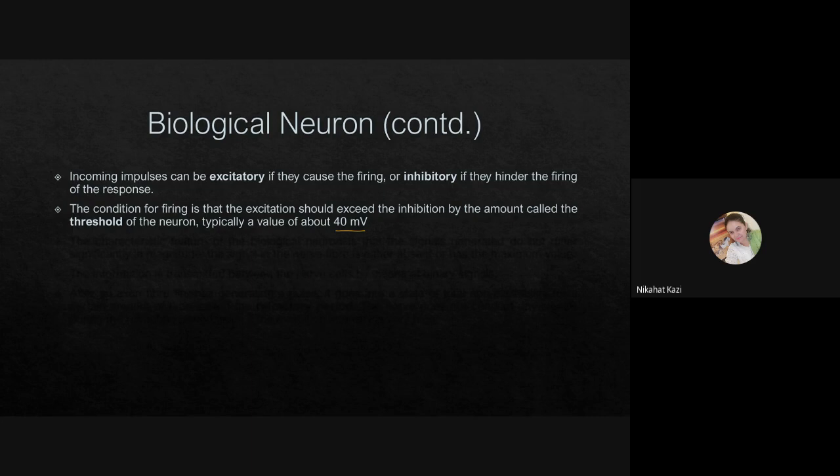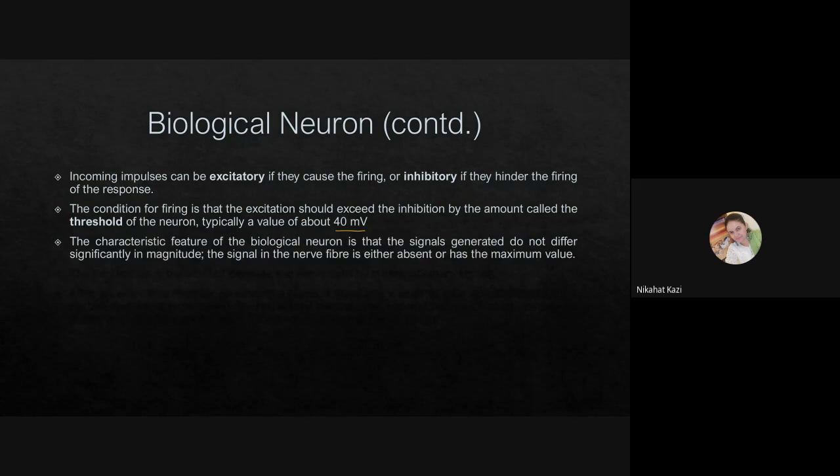Whatever excitatory inputs are there, they have to exceed the inhibitory aggregation of inputs by this amount, which is known as the threshold. So the threshold of this neuron is 40 millivolts. That is when the neuron will fire.